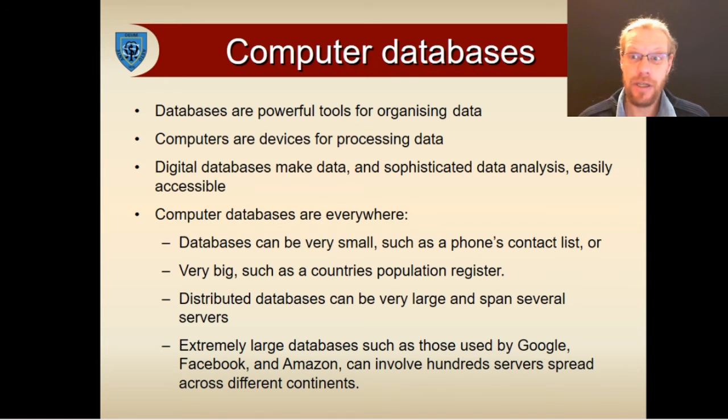These databases are then known as distributed databases because the data doesn't all lie in one place. Extremely large databases, like those maintained by social networks such as Facebook and Twitter, online services such as Amazon or Alibaba, and search engines such as Google and Bing, often have databases distributed across hundreds of servers and several continents.